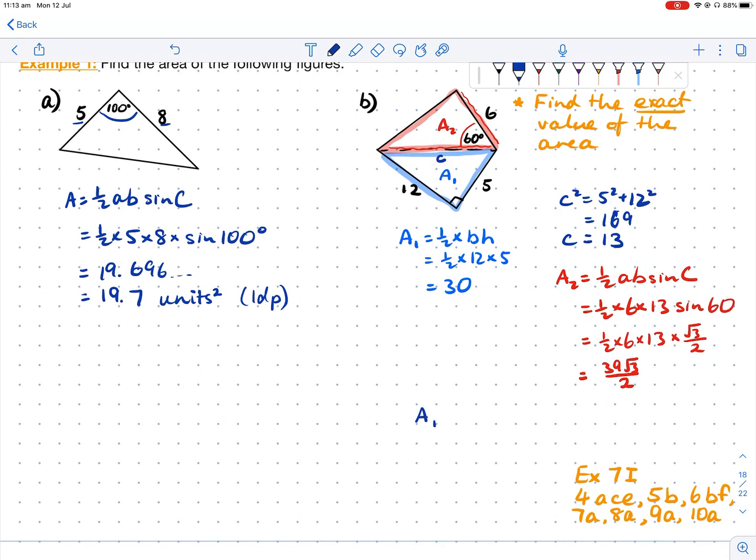The total area is A1 plus A2, which is 30 plus 39 root 3 on 2. That's perfectly fine to leave it as. If you want, you can write it as one fraction. With a denominator of 2, that's going to be 60 plus 39 square root 3 over 2. That's using a bit of fractions, making sure you're working with your surds well.